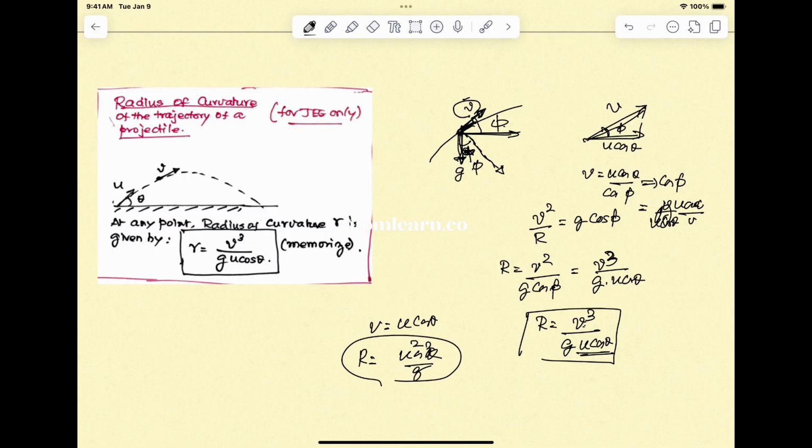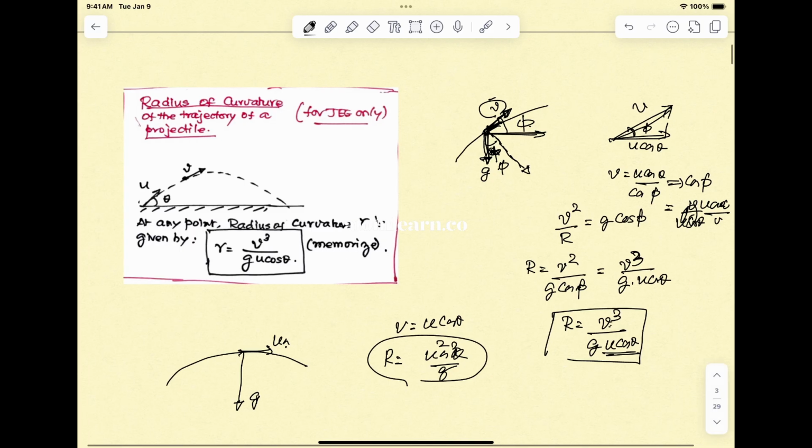At the topmost point the velocity is u cos theta, and the centripetal acceleration is g, which is fully g vertically down. Therefore, u squared cos squared theta by g gives the radius.